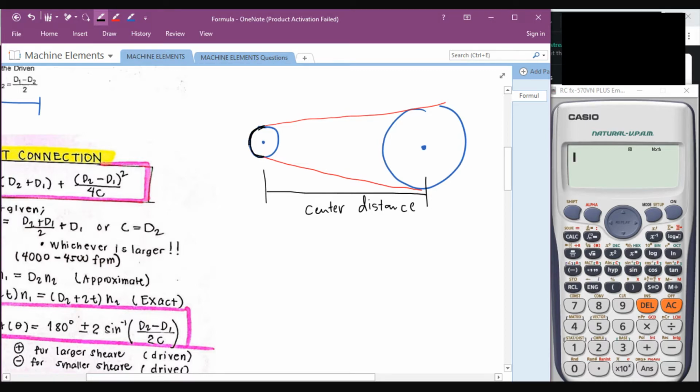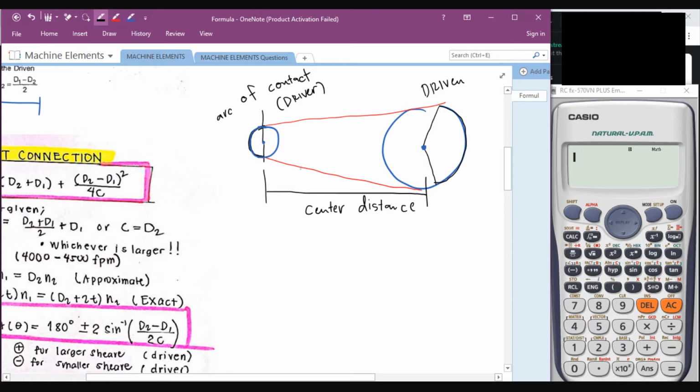Ang tawag dito is the angle of, dito, that is the arc of contact. Driver to. Ito naman yung arc of contact, dito arc of contact naman kapag driven.